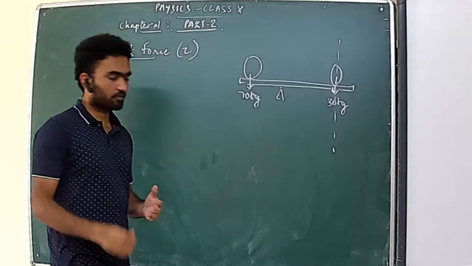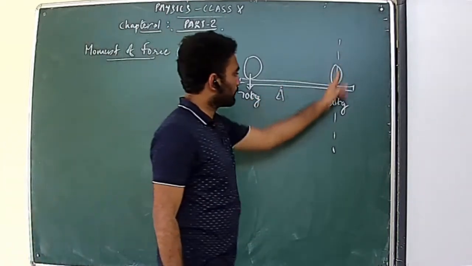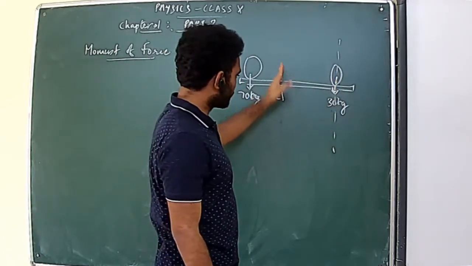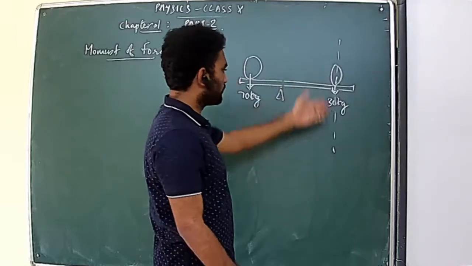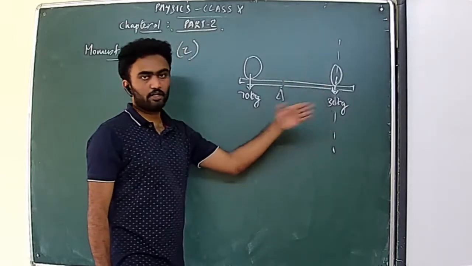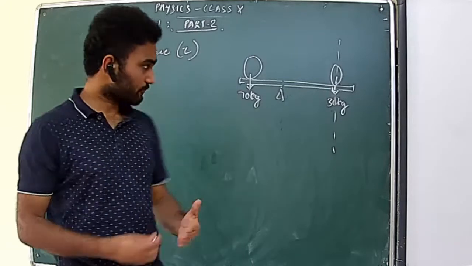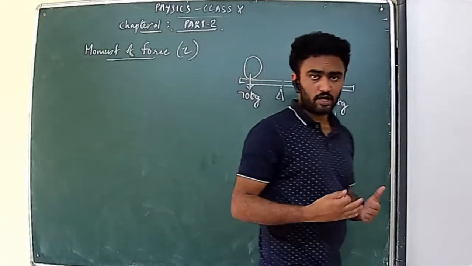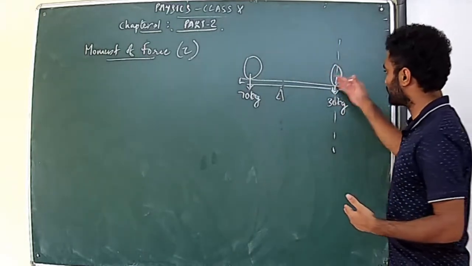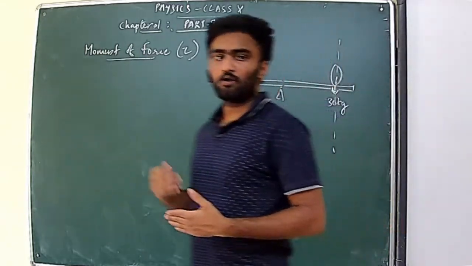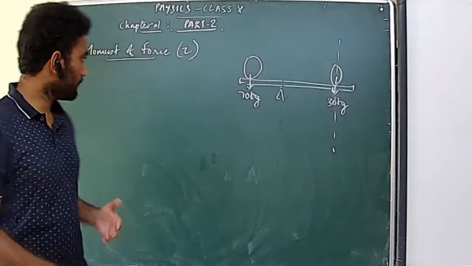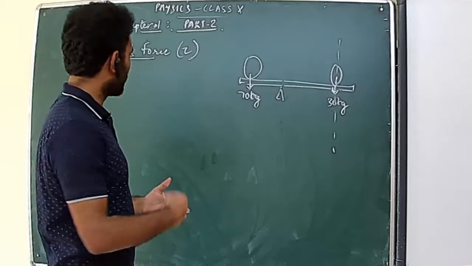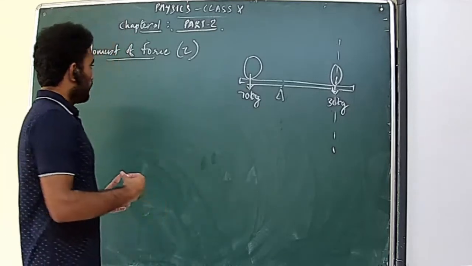Keep in mind, the line of action is not passing through the fixed point or axis. So as I said earlier, moment of force is the turning effect of the force on that particular body on the application of an external force.